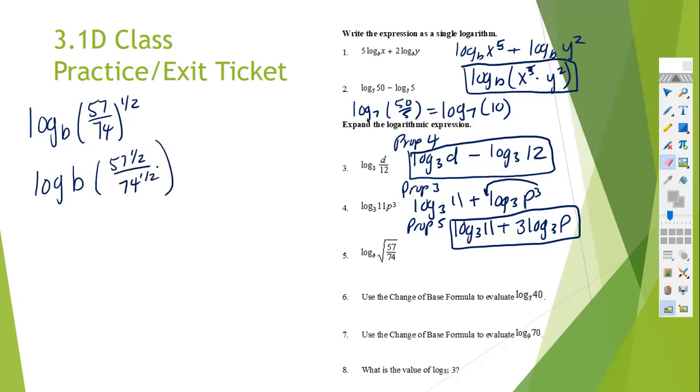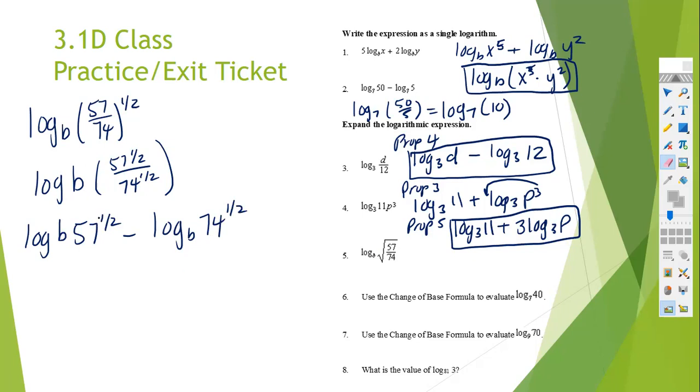Okay, next we're going to decide, is this division? Since it's division, it's going to be subtraction. So we have log base b, and your numerator is always going to be your first argument, 57 to the half, minus log base b, 74 to the half. Okay. And then the last thing is you want to undo the power.